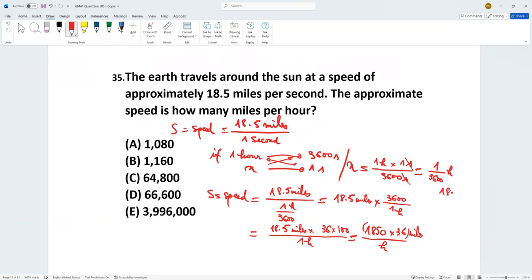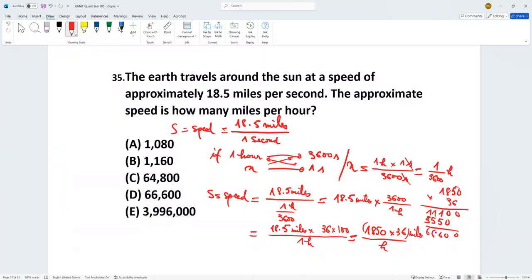So now 1,850 times 36 will give us 66,600.